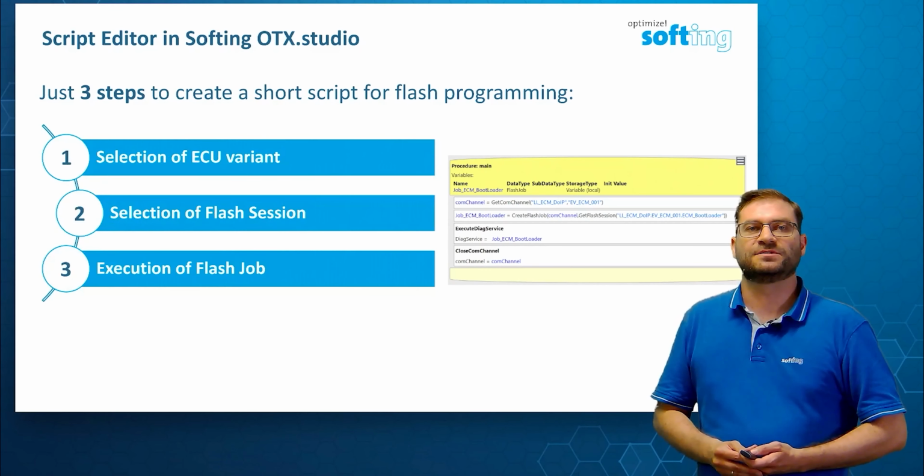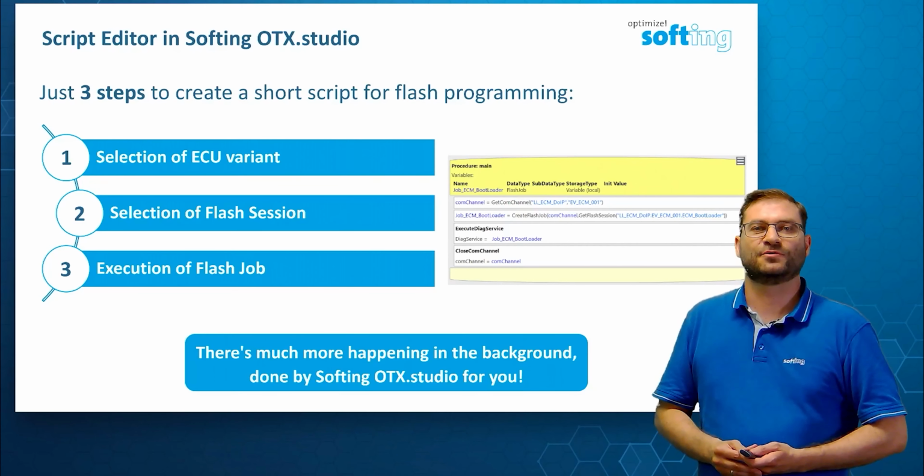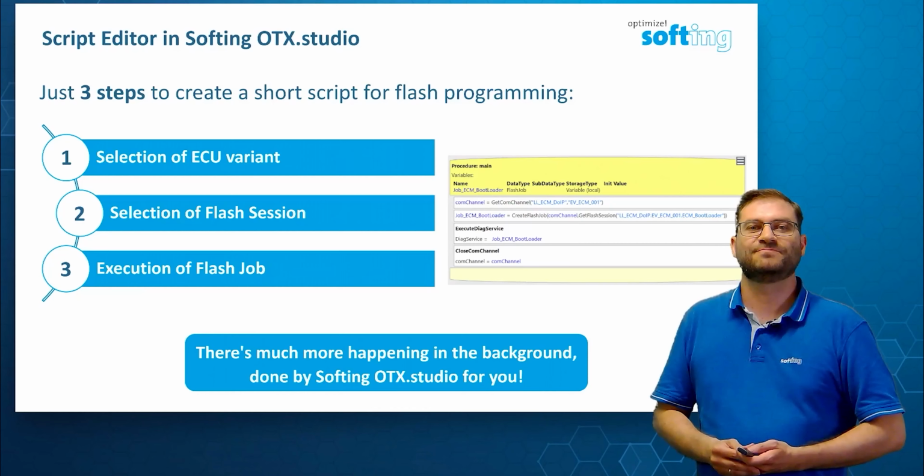We select the ECU variant, we select the flash session, and then we execute the flash job. Of course, there is much more happening in the background, which is done by Softing OTX.studio for you. There is a standardized OTX runtime, which is also integrated in Winning 2000 PDX.